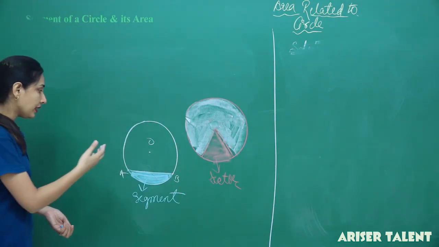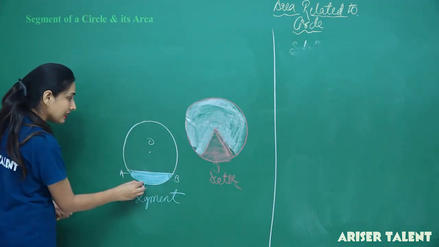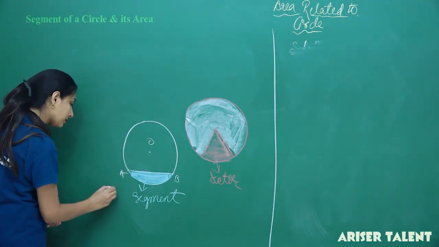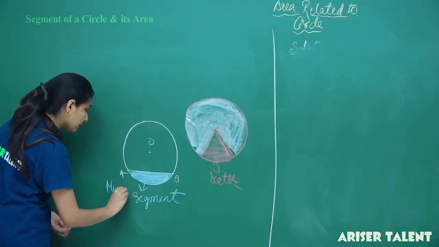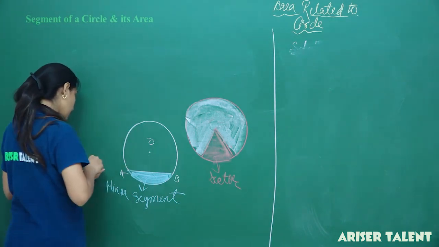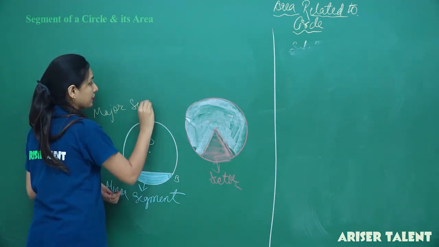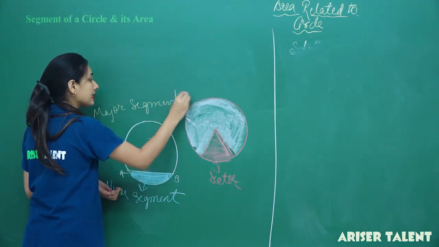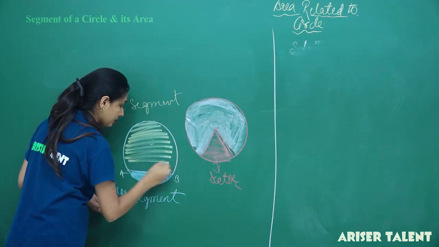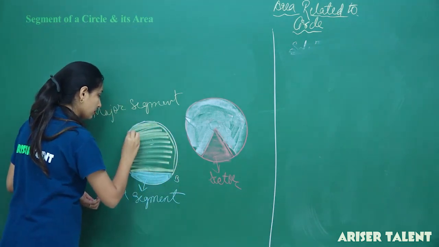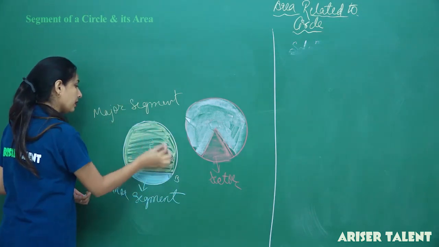Again, for this, if you are considering a segment, then for sure you will be having this as your minor segment, and this one is your major segment. Which is major segment? This is major segment. This complete. Okay.